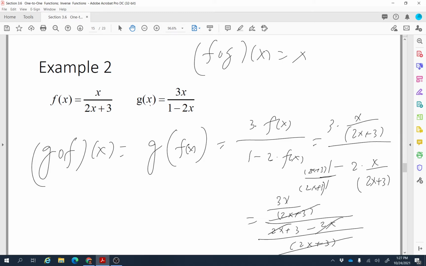We can cancel this positive and negative 2x, and on the top part you are going to see 3x. On the bottom part there is a 3, so after cancellation it will give you x. So from both directions, whether you find f composite g or g composite f, both of them give you x as an output. That's why these two functions f and g are inverses of each other.